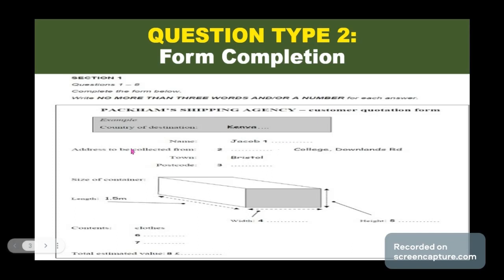Then the next question is going to be about the address where the boxes will be collected from, and then that will be answer to question number 2. Then you are given information about the town. The town is Bristol, and then the postcode will be the answer to question number 3.